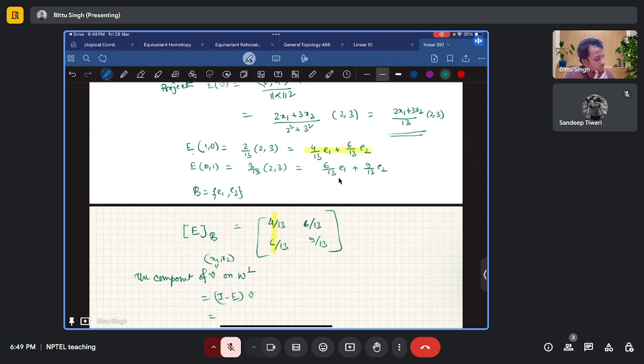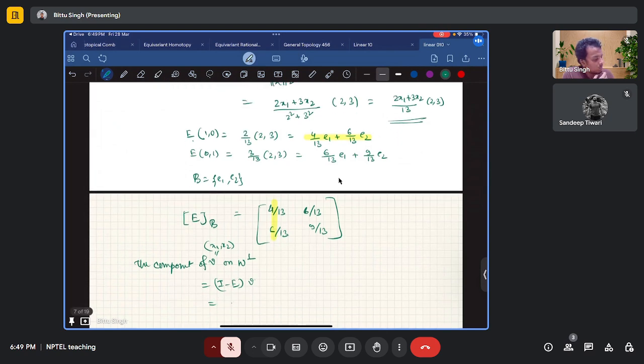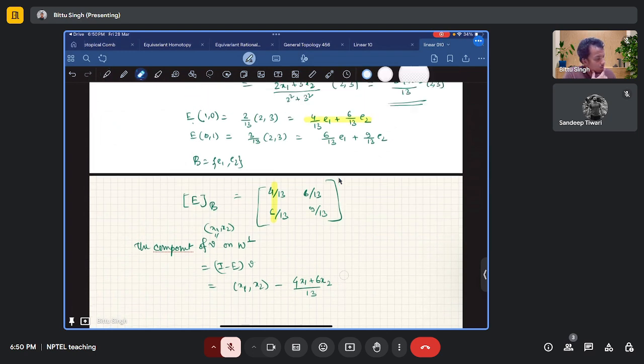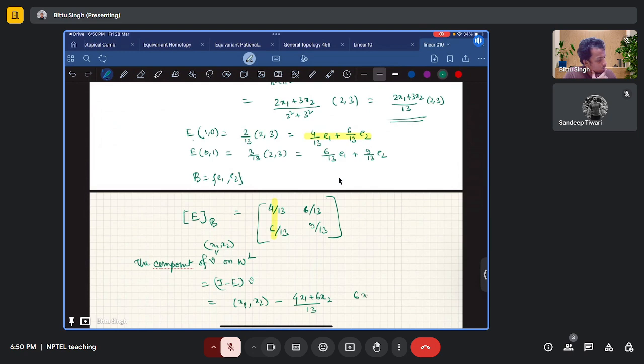So first, what is IV? IV means it is (x1, x2), the identity operation on (x1, x2), minus EV. EV is given by (2x1 plus 3x2) by 13 into (2, 3). Let us multiply here: (4x1 plus 6x2, 6x1 plus 9x2) by 13.